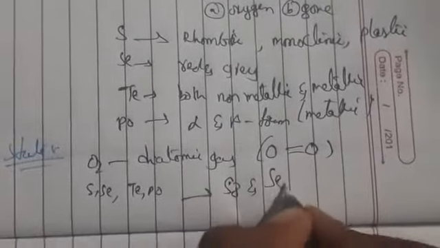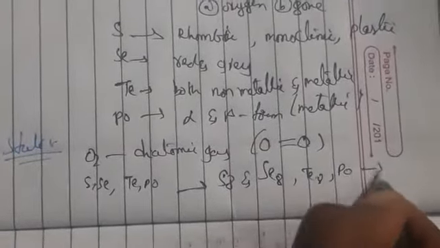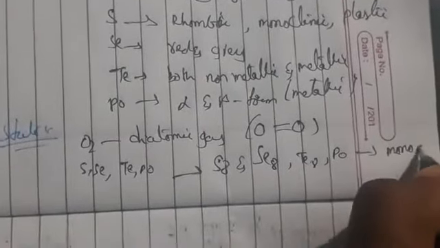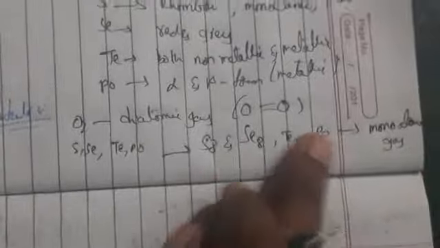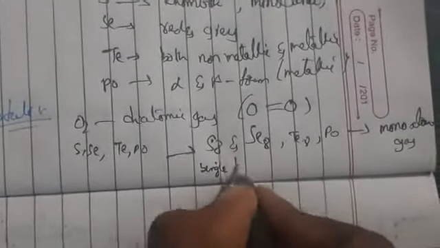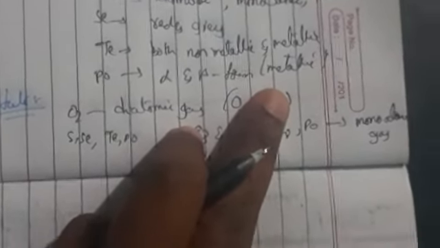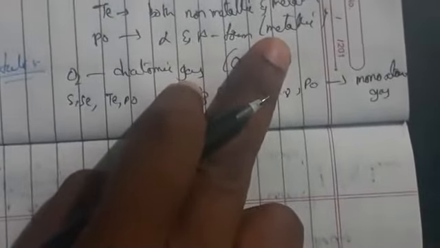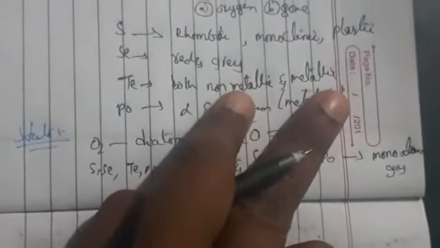Coming to S8, Se8, Te8 and polonium, these exhibit only single bonds. Why? S8 has a puckered ring structure, an eight-membered ring. According to molecular orbital theory, the oxygen molecule has two unpaired electrons, so it is paramagnetic.